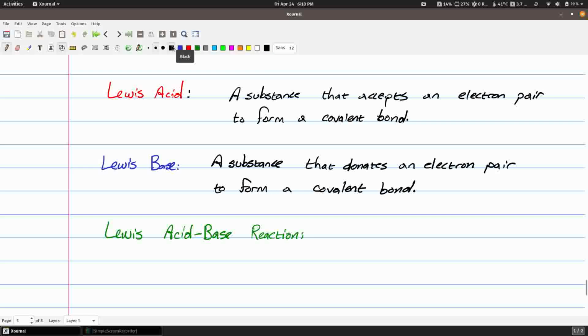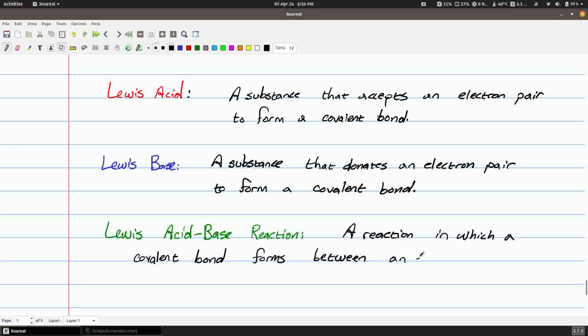So our Lewis acid-base reaction is a reaction in which a covalent bond forms between an electron pair donor and acceptor.